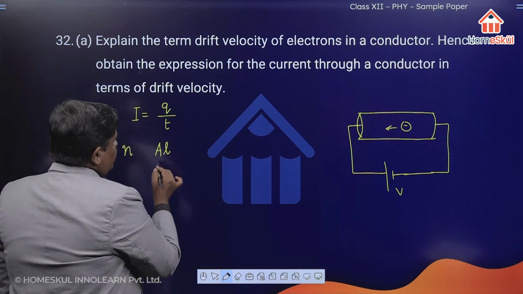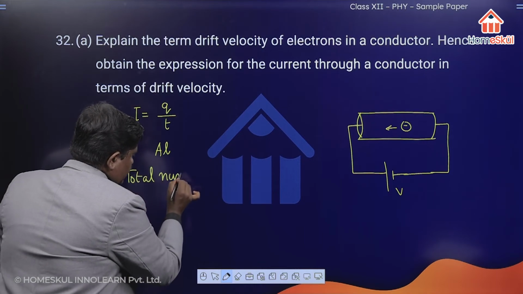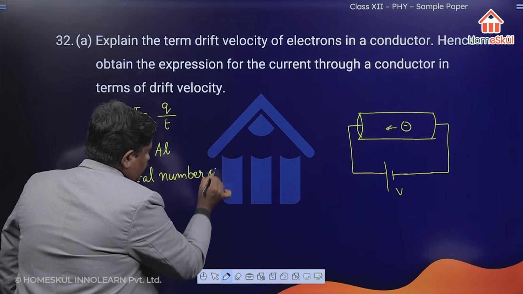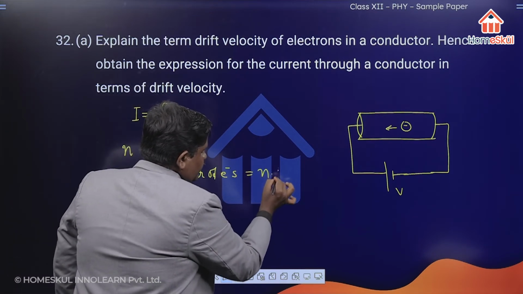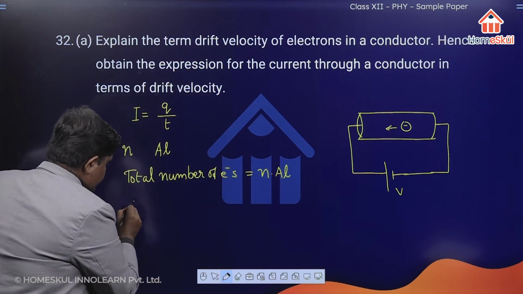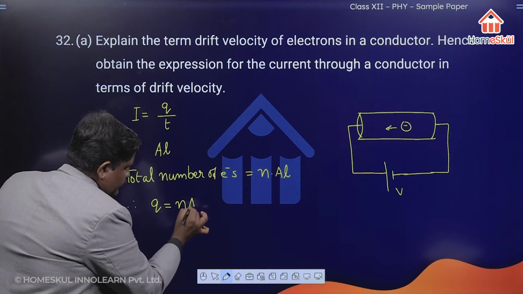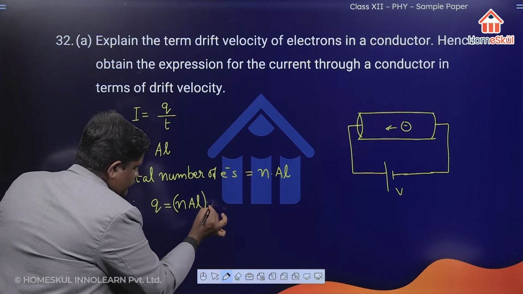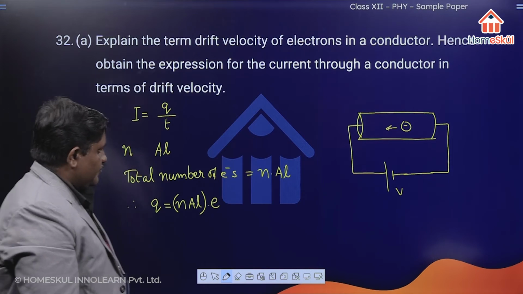Therefore the total number of electrons is n into Al. Therefore total charge Q is equal to nAl into e, that is total number of electrons into one electronic charge e.